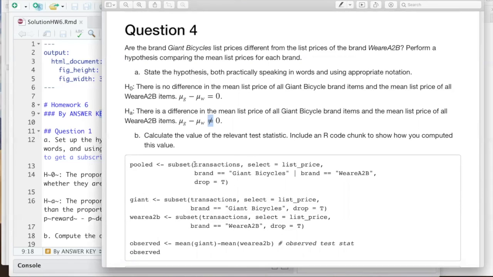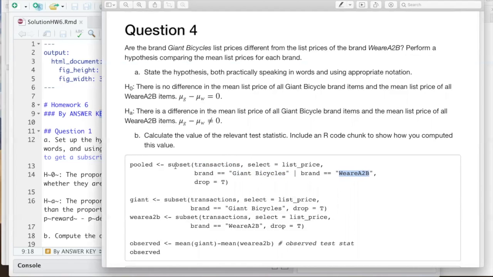And this data set transactions that we created from that CSV file, there are more than just 2 brands in that data set. There's about 5 or 6 different brands in that data set. So our pooled sample should only contain all of the observations that have Giant Bicycles as the brand or We Are A2B as the brand.